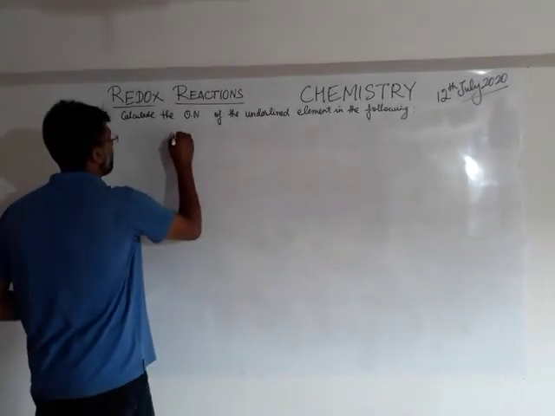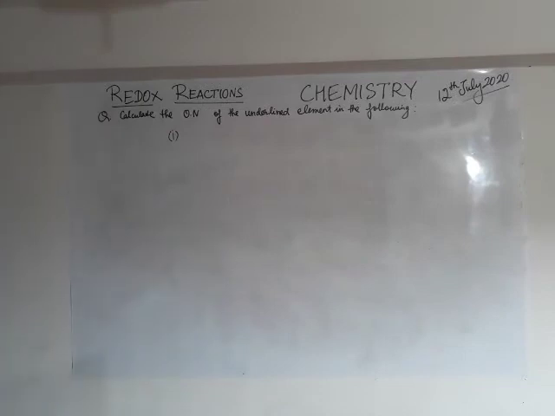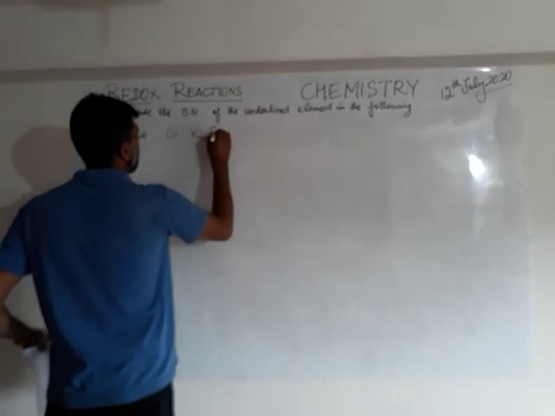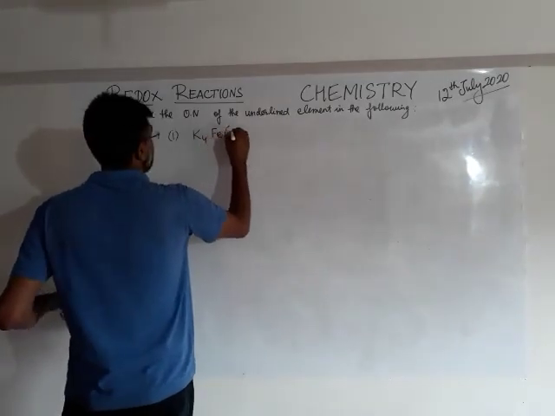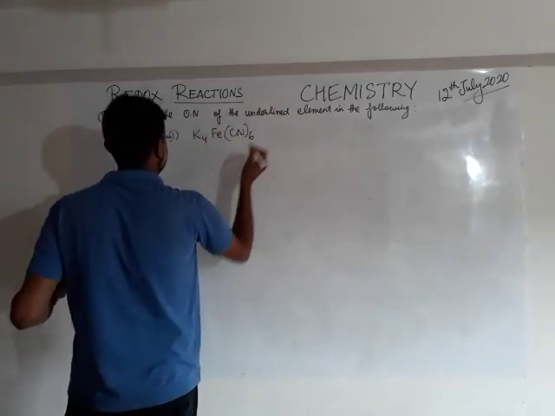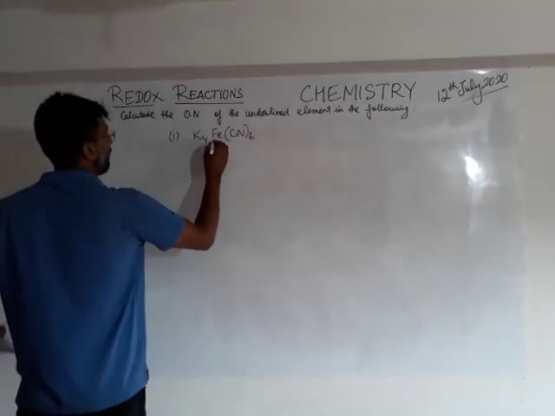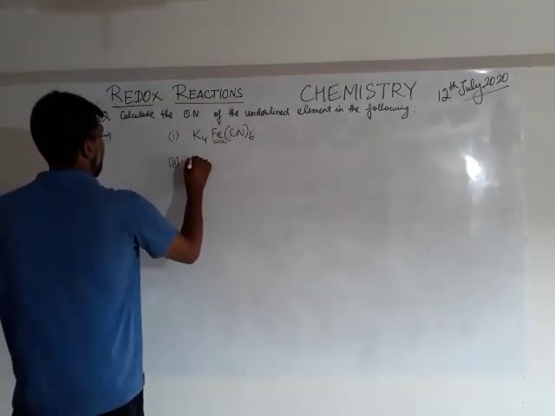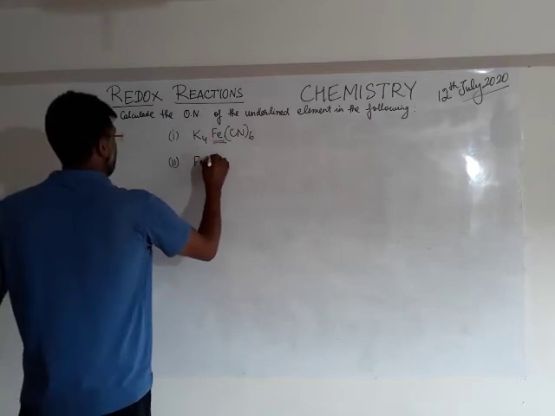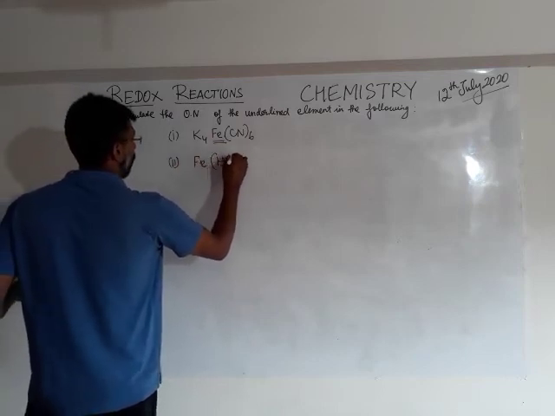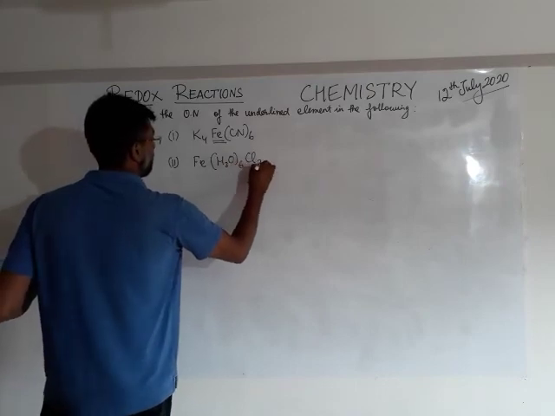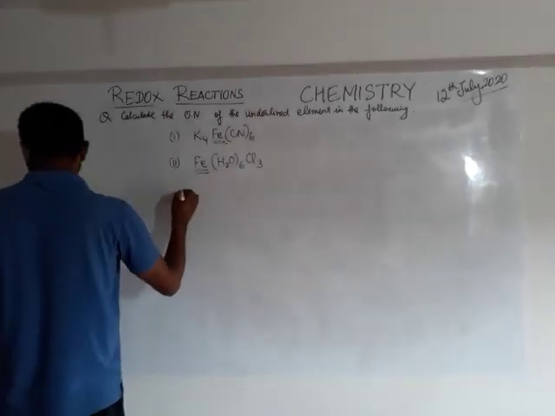So, the number 1, the first one I am writing over here. The first one is K4Fe(CN)6. The underlined element is iron. Second one, Fe(H2O)6Cl3. Underlined element is iron.